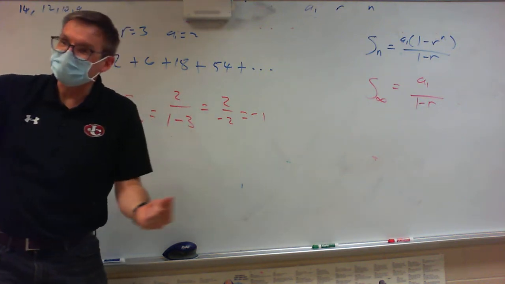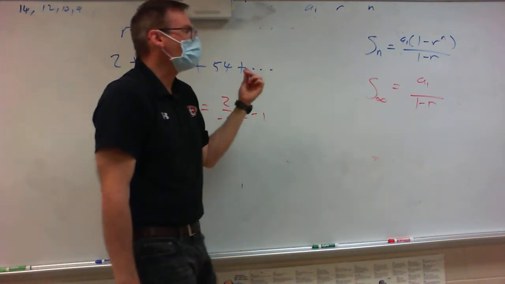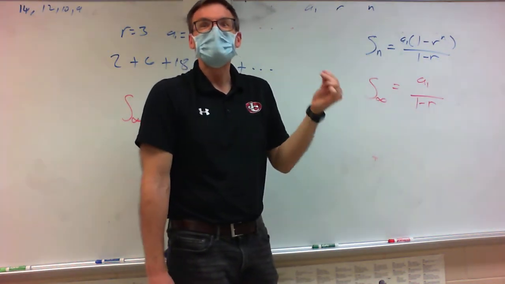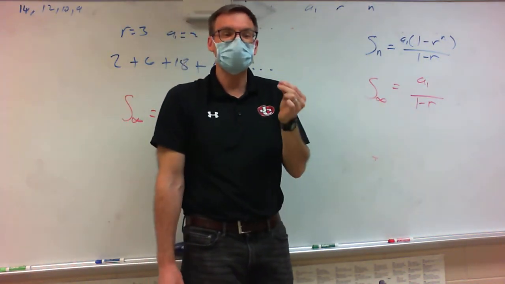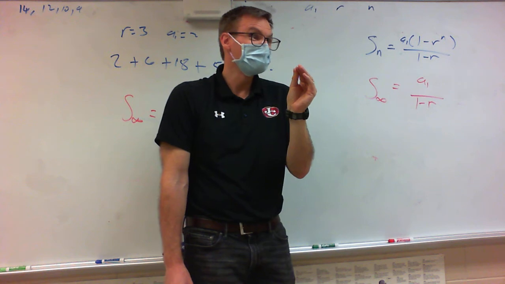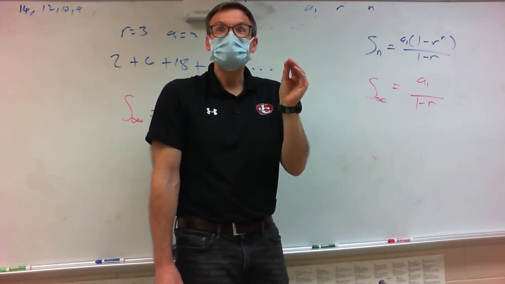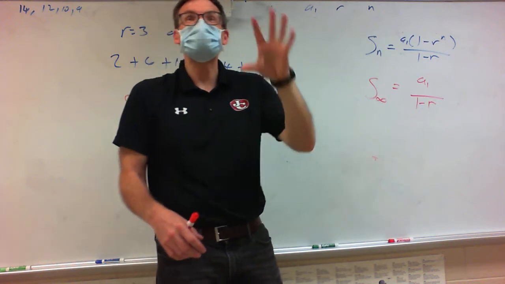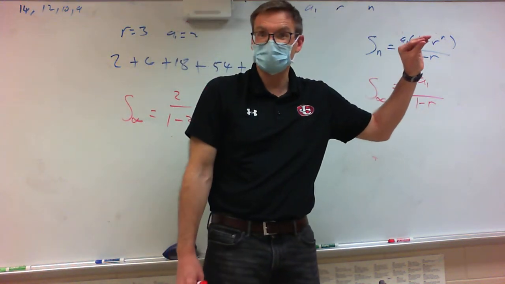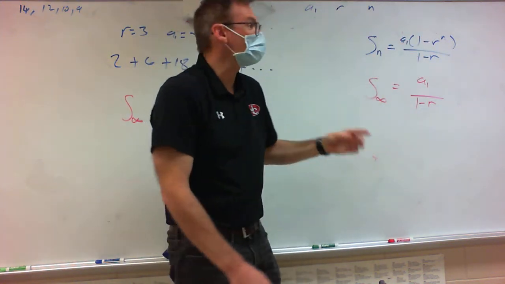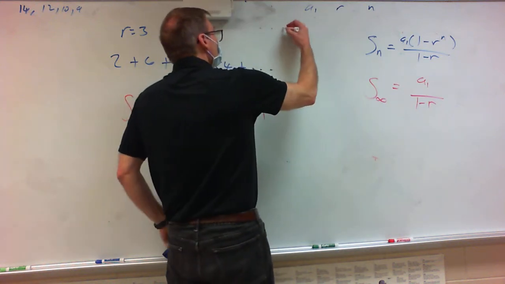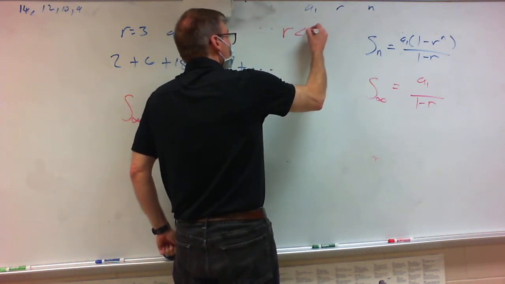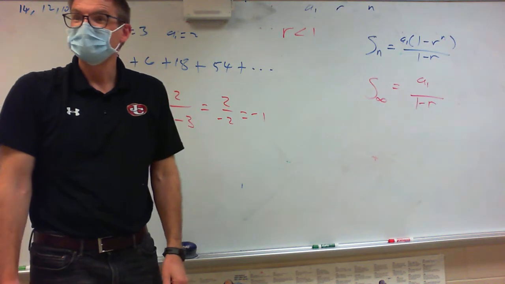So here's the warning. When you sum up an infinite geometric series, you have to make sure that your common ratio is small. The reason you can sum up an infinite geometric series is that the terms keep getting smaller and smaller, and the only way that happens is if the absolute value of your common ratio is less than 1.